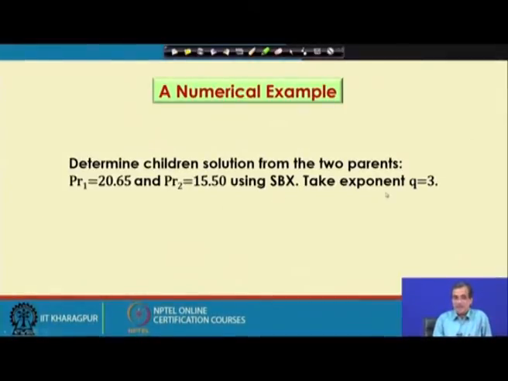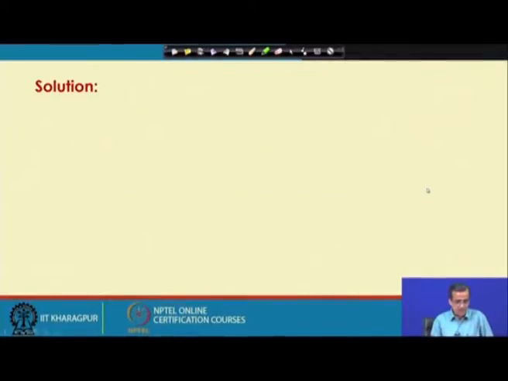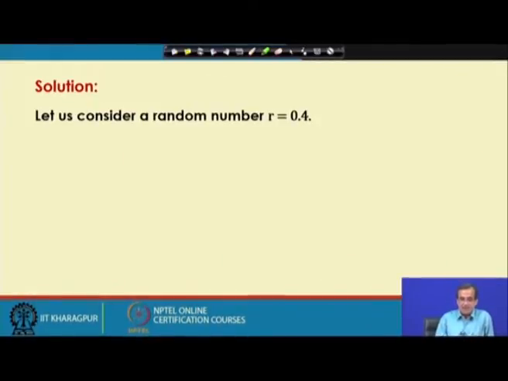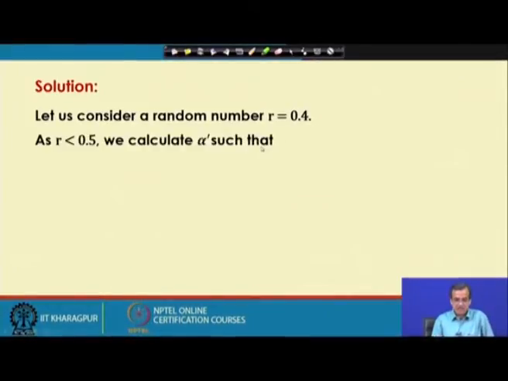We take the value of exponent q equal to 3, and let us consider a random number r equal to 0.4. This r, 0.4, is less than 0.5. So, we are in the contracting zone, and we will have to find out the alpha prime.